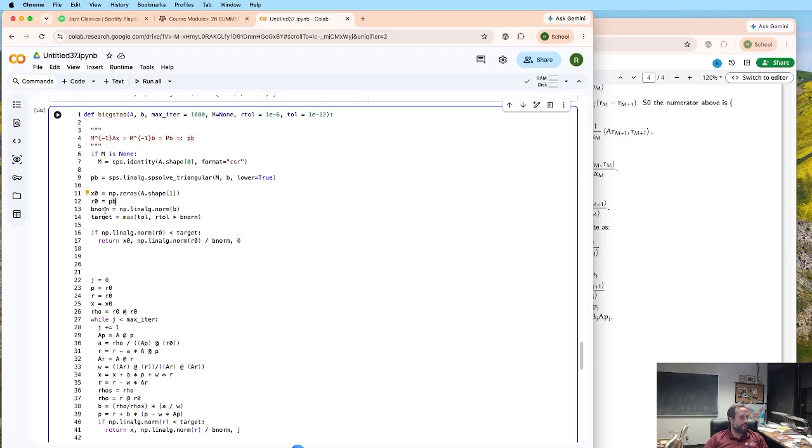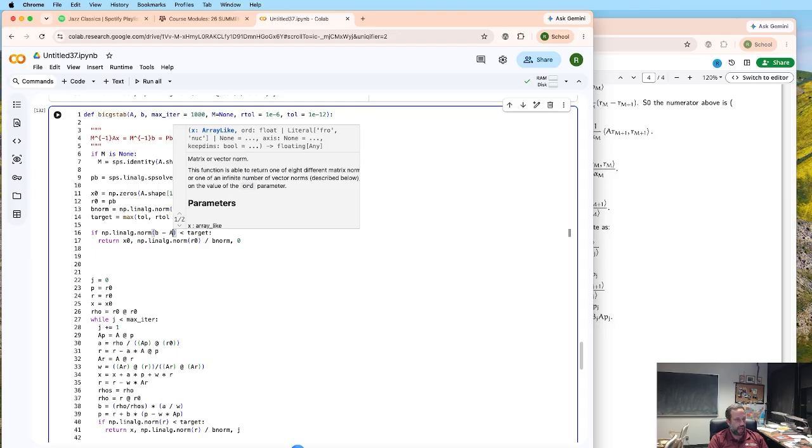So r naught is going to be Pb, but b norm is going to be the linalg.norm, because when we actually compute the relative residual, we need the norm of b or r naught, not the P version of that. Now this norm here, r naught, should be equal to b minus A x naught, but A x naught is equal to 0, so I'm just going to keep it like this.